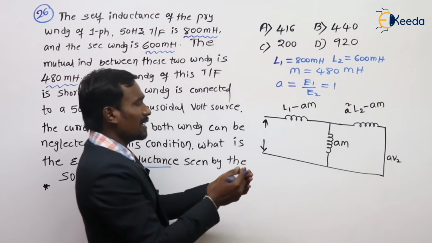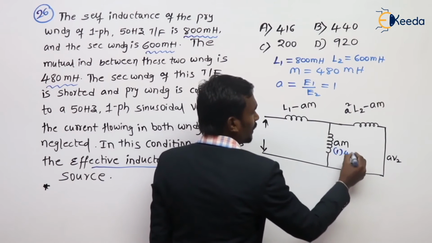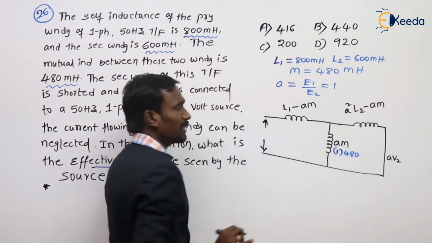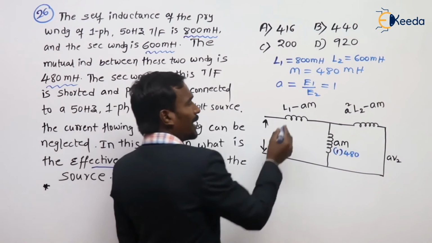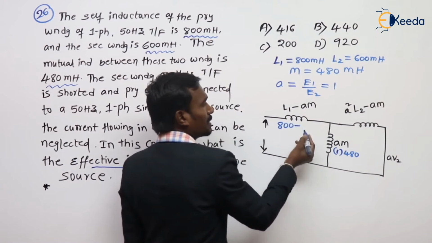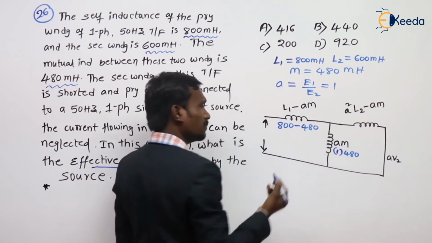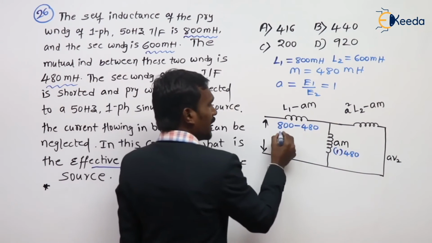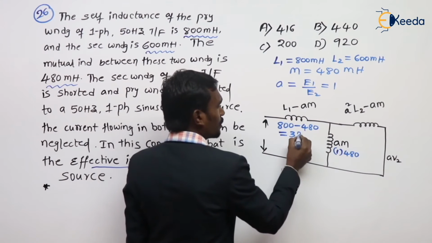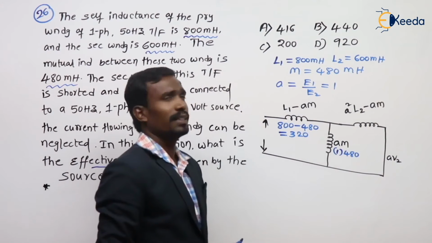So calculate, sir. A is 1 and M is 480. Here L1 is 800 minus AM, which is 480. What is the value? 800 minus 480 is equal to 320 millihenries. This is 480 millihenries.